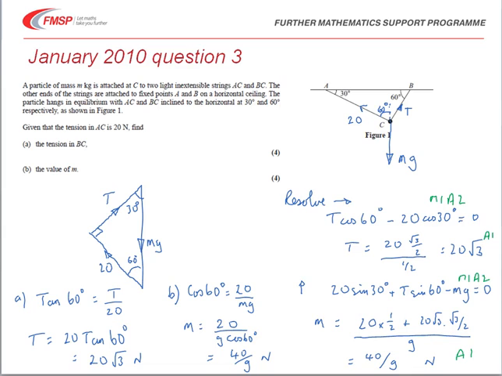I don't have the actual mark allocation for the other method, although I suspect it obviously 4 marks for each part. I suspect that you would be given 3 of the marks at this stage, followed by the A1 mark here, and again 3 marks for this and the A1.